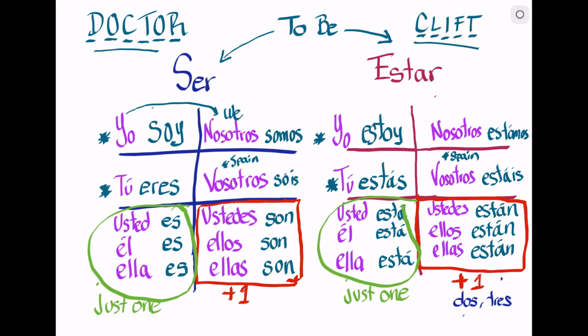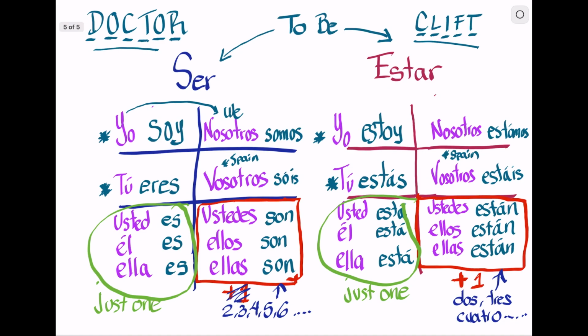We don't have "it", but we know the table can be feminine or masculine, it doesn't matter, because they're all in the same square. So it's going to be la mesa es bonita. Why? Because it's a characteristic. Remember, for ustedes, ellos, and ellas, you have 2, 3, 4, 5, 6, it doesn't matter. You are using the one in red, always finishing in N. Now you have to decide if it's son or están. That is the one you have to decide using DOCTOR or CLIFT. Okay. Let's see some examples.